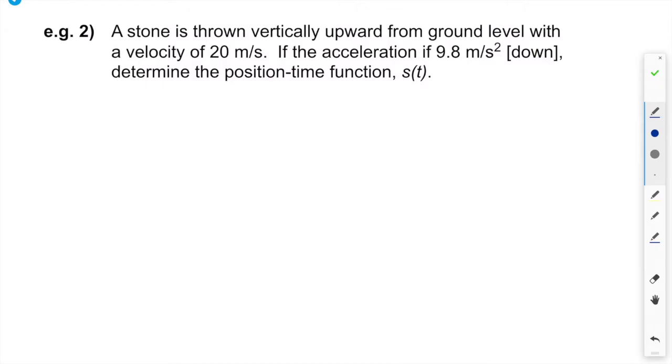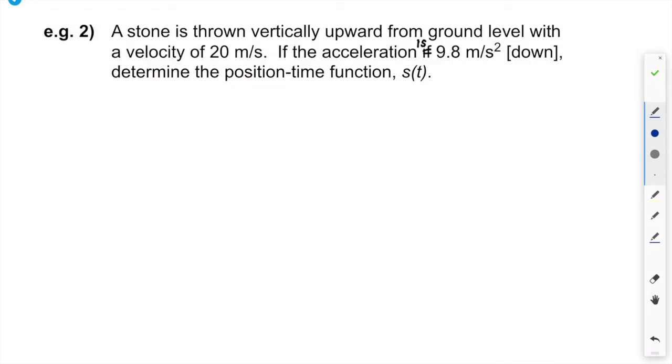Let's look at an application question. Example 2. A stone is thrown vertically upward from ground level with a velocity of 20 meters per second. If the acceleration is 9.8 meters per second squared down, determine the position time function s of t.